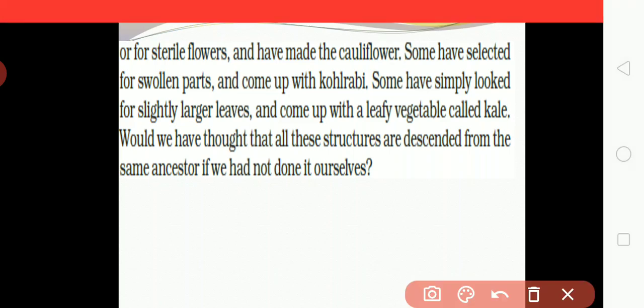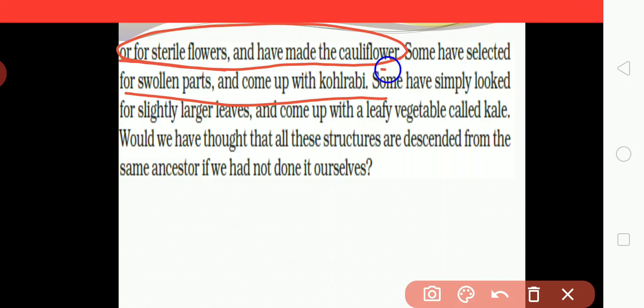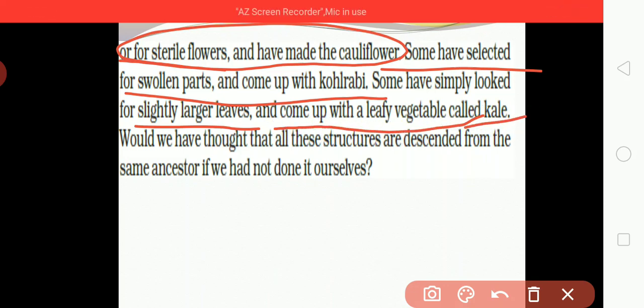Some selected for the swollen part and came up with kohlrabi. Some simply looked for slightly larger leaves and came up with the leafy vegetable called kale.